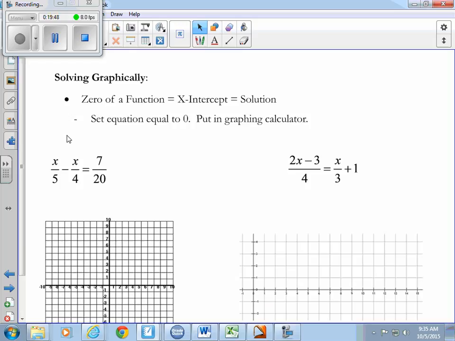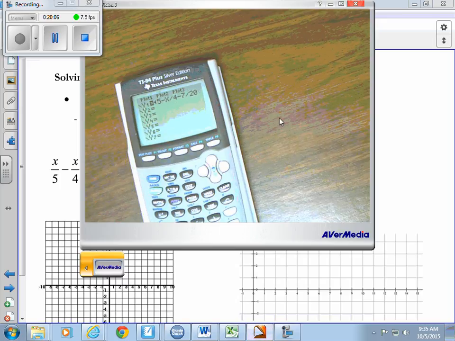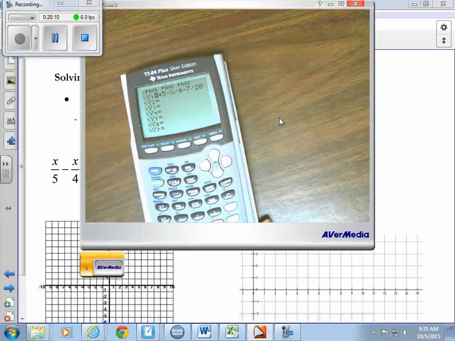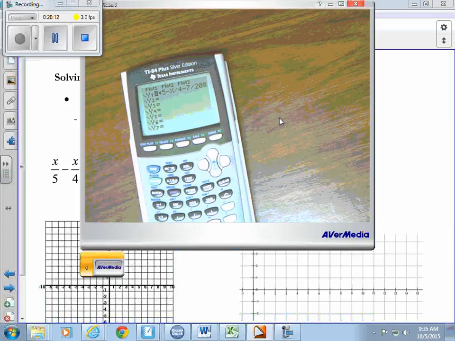I'm going to do that first equation. How would I get 0 on one side? What would be the most efficient way to get 0 on one side? Subtract 7 over 20. So if I get 0 on one side, I would have x over 5 minus x over 4 minus 7 over 20.